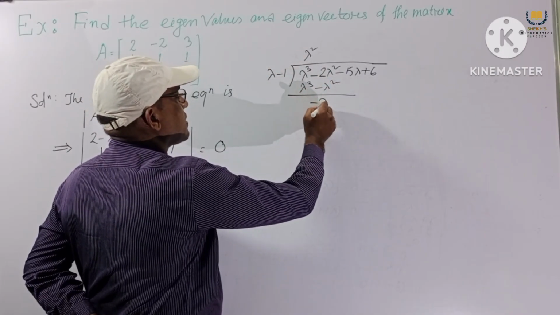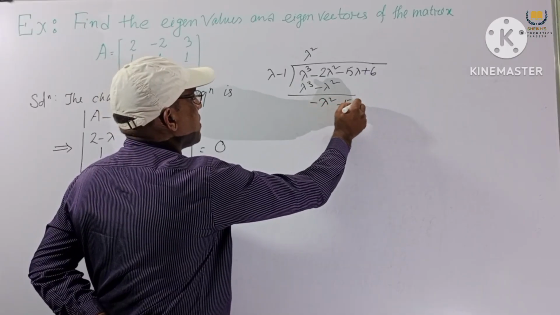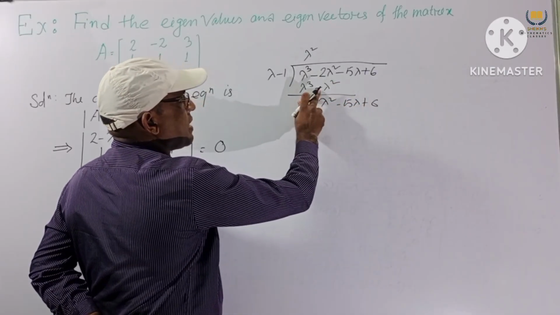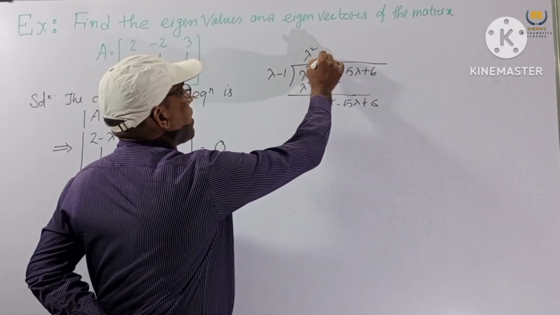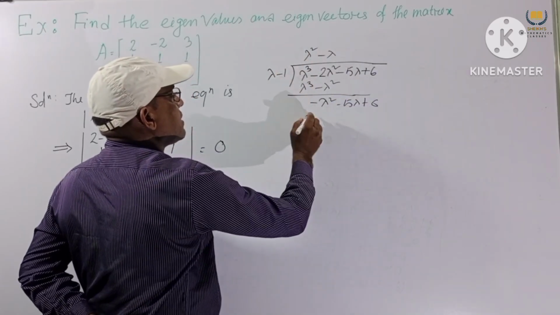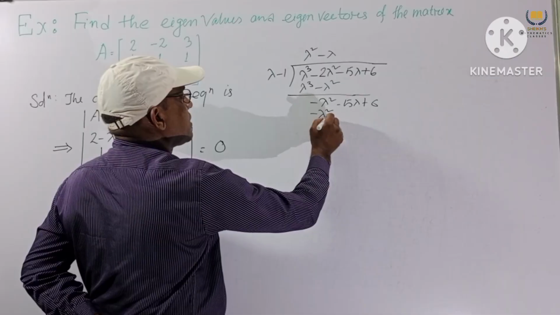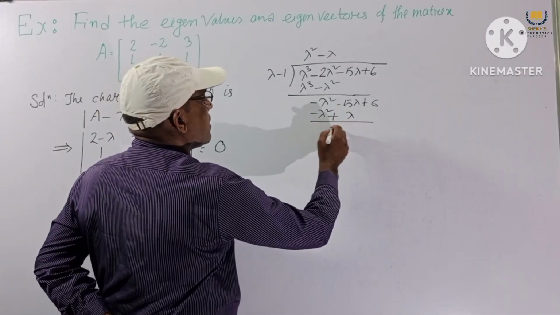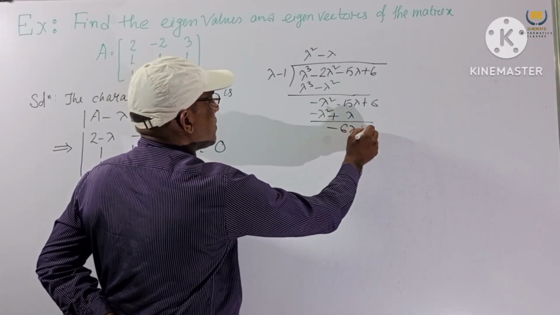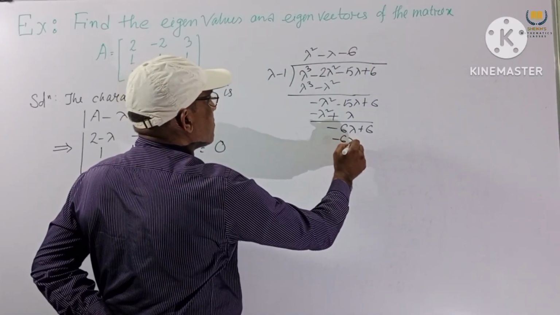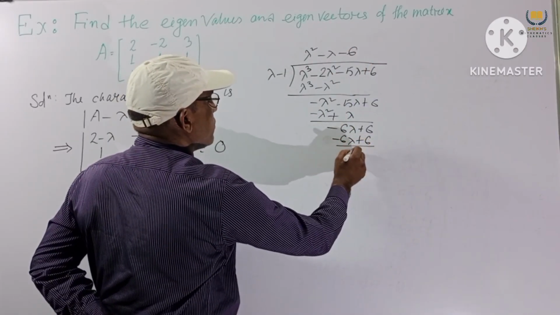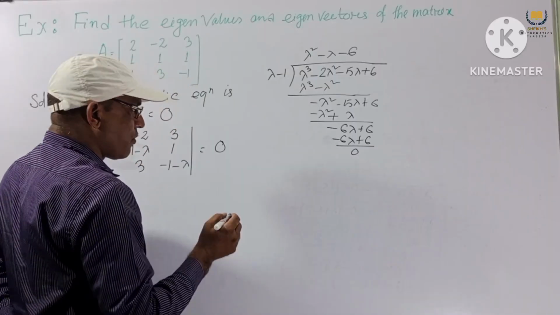Then minus lambda square minus 5 lambda plus 6. In this, minus lambda square minus lambda square plus lambda. This gives minus 6 lambda plus 6, and minus 6 lambda plus 6. We get remainder 0.